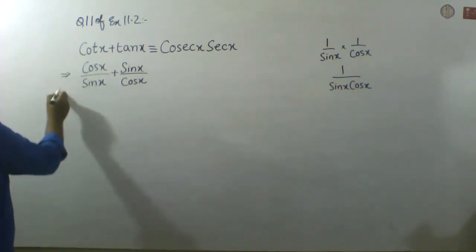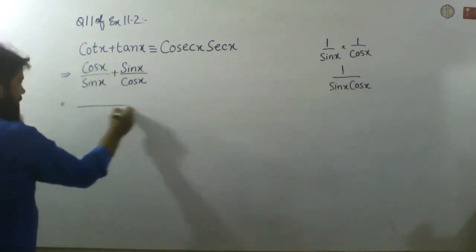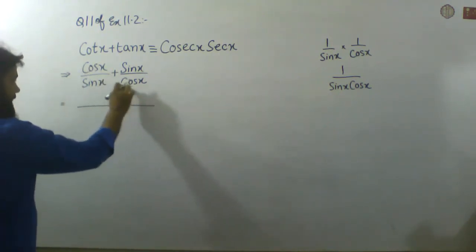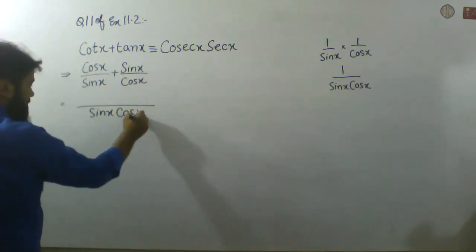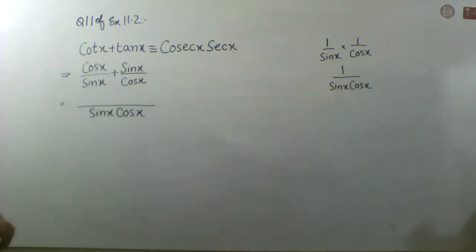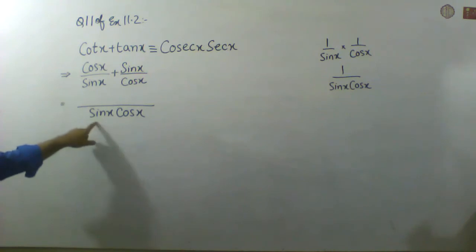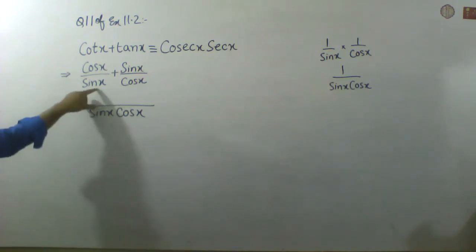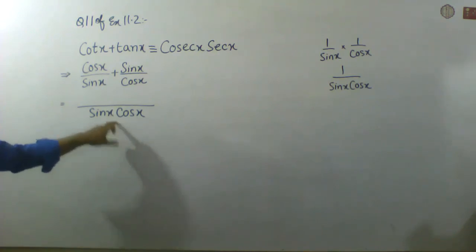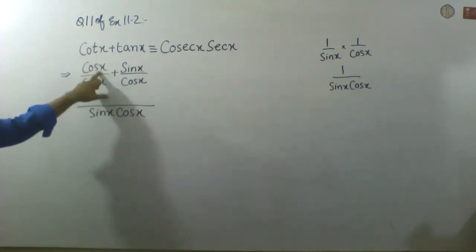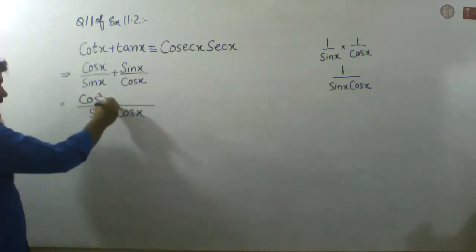After that, I'm taking the LCM. The LCM of sin x and cos x will be sin x cos x. Dividing sin x cos x by sin x, sin x cancels and cos x is left. This cos x is multiplied by the numerator cos x, so it becomes cos square x.